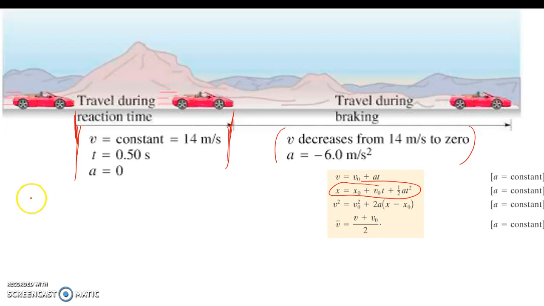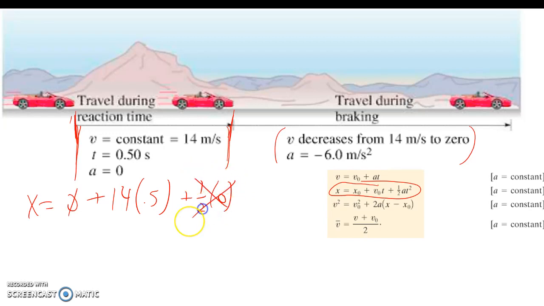So x sub naught is going to be where we start, so that'll be 0, plus our velocity of 14 times 0.5 plus 1/2 our acceleration 0, so that eliminates this completely. X is going to be 14 times 0.5, which is going to be 7 meters. So this distance is 7 meters. So we go 7 meters before we hit the brakes.